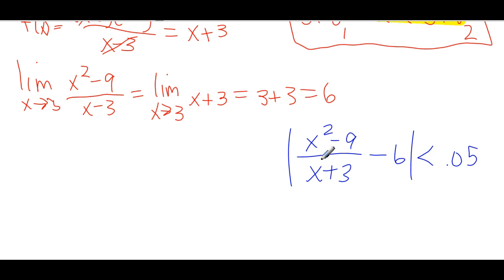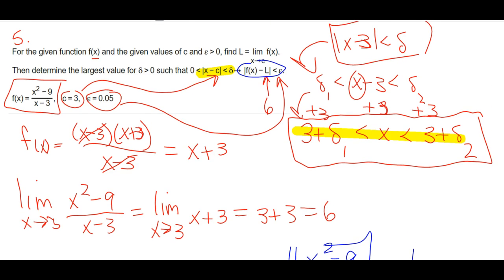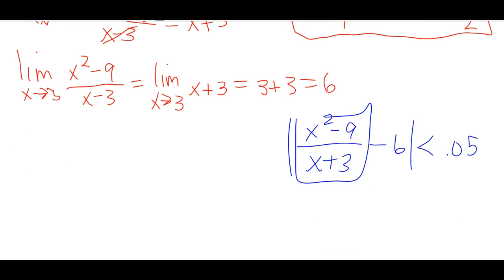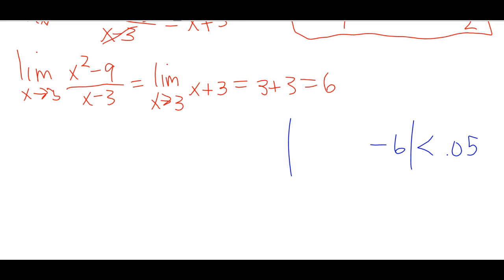Now, just like we said, I'm sorry, that's supposed to be a minus 3 on the bottom. That simplifies to simply x plus 3. I'm going to rewrite it like that, but that should have been a minus 3 on the bottom, and it would simplify to x plus 3, as we saw. And so we end up with the absolute value of x minus 3 is less than 0.05.